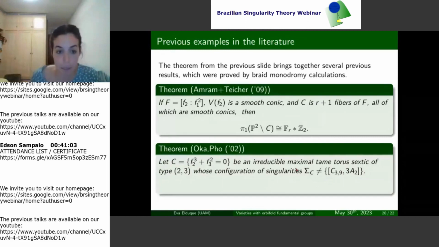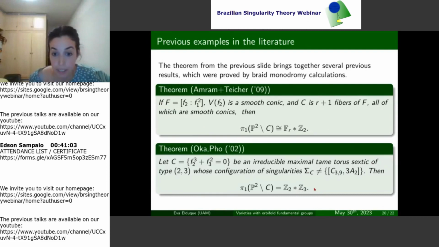So Fo classified all of this according to the configuration of the singularities. And he gives 7 families, and Oka and Fo compute the fundamental group of all of these families. And unless you have this configuration of singularities, in the other 6 families the fundamental group is C2 free product C3, like in Zariski sextics.